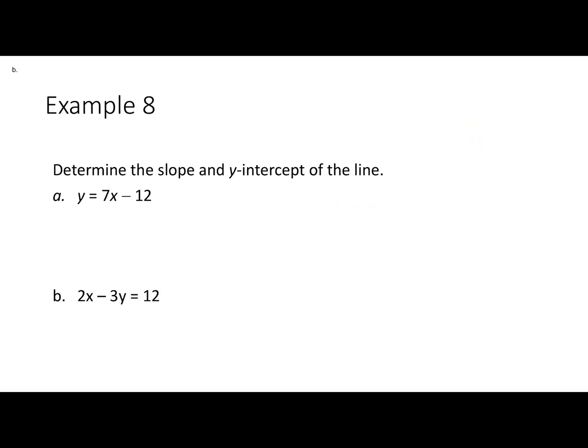Determine the slope and y-intercept. All right, first thing you do, identify the variable. The slope is always the number attached to your variable in a linear equation. So your slope is equal to 7. The y-intercept is the constant that's standing alone. The constant that stands alone is negative 12.